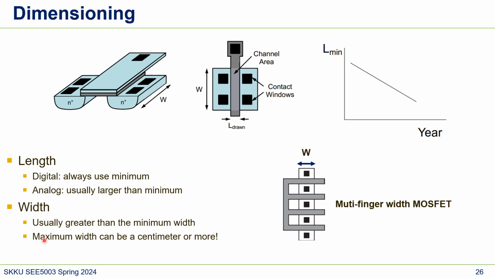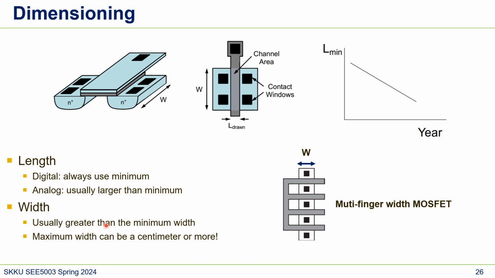In width, this is also the same. We don't really use minimum width. Well, actually, that's not true. In lots of circuits that I designed, I use some minimum width, but those are for specific purposes. Anyway, analog circuits don't usually use minimum width.